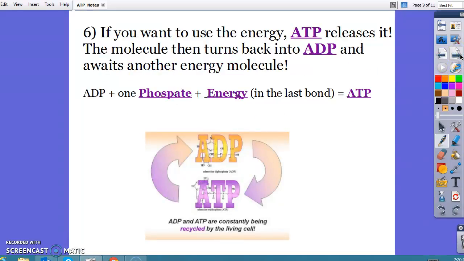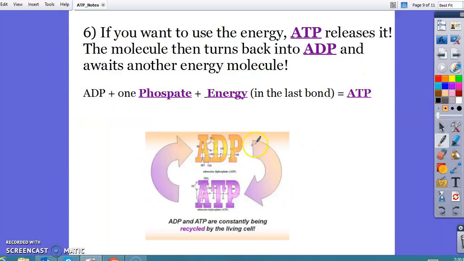So, once again, driving this home: ADP, adenosine diphosphate, so two phosphates, plus one phosphate, plus that spark of energy released from the mitochondria, will give us what's known as ATP, adenosine triphosphate.